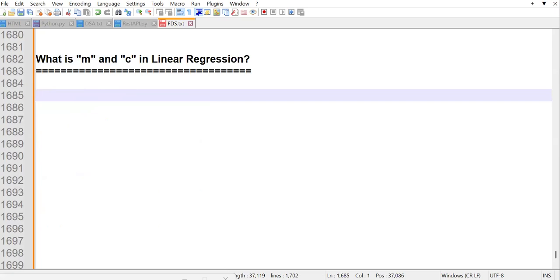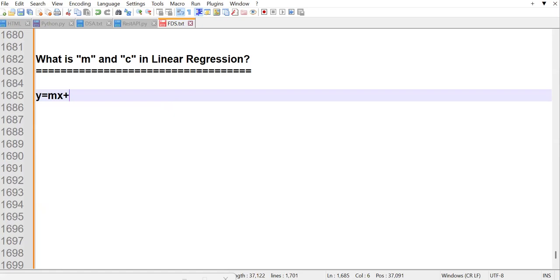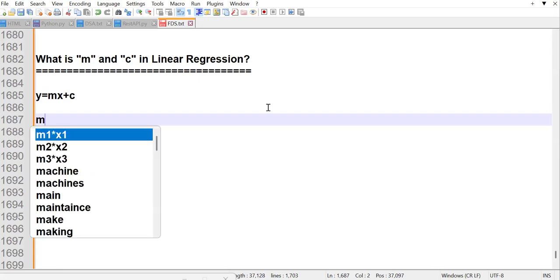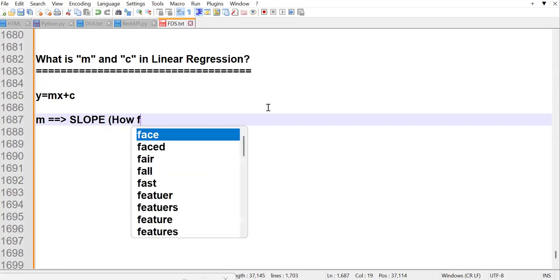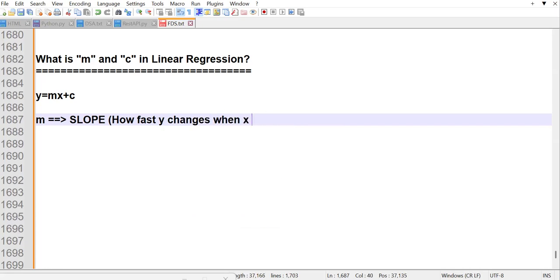In linear regression, we write y equals to mx plus c. Here m means slope. Slope means how fast y changes when x changes.